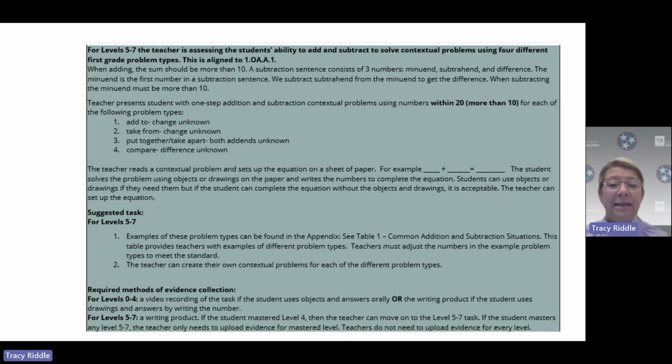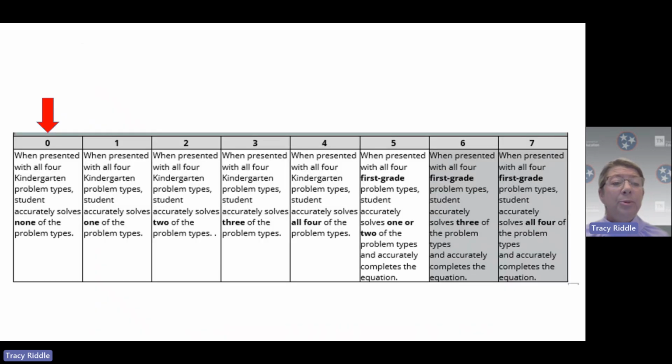Once you have your evidence, it is time to score the work. When students are presented with all 4 kindergarten problem types and the student is not able to answer any of the problem types correctly, that is a level 0 score. When they are presented with all 4 kindergarten problem types and a student can accurately solve one of the problem types, that is the score of a level 1.